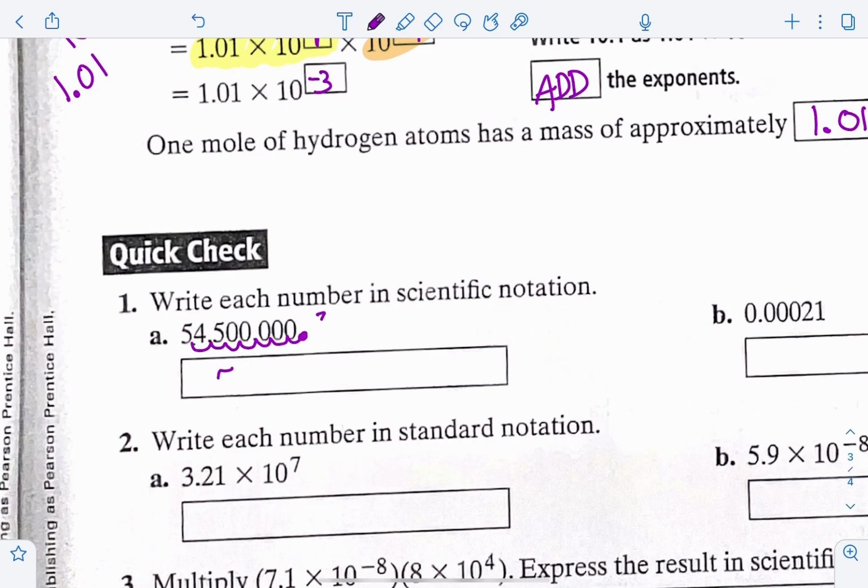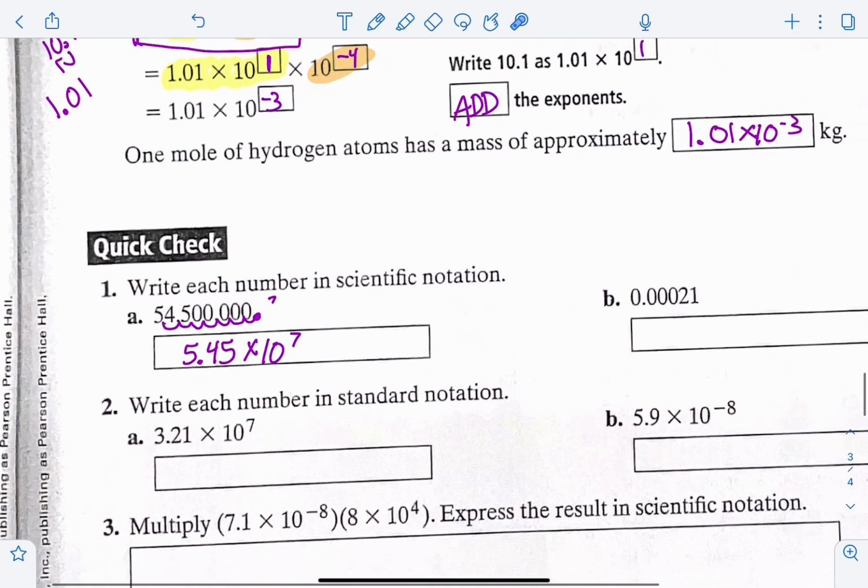So we end up with 5.45 after we move it times 10 to the 7th. Remembering that it's a positive exponent when the number has the zeros on the right and it's a big number. Okay? And that this factor has to be greater than 1 but less than 10.